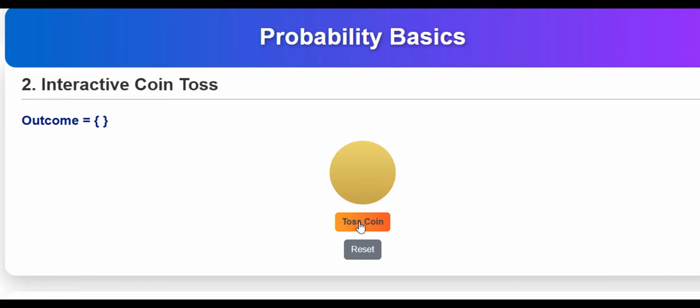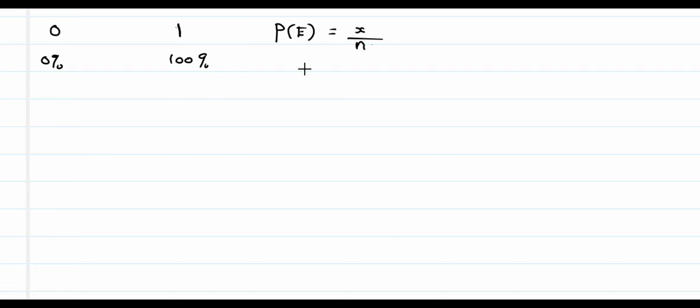So if I do the first toss like that, I can get a head maybe or a tail, and then if I toss again, I can get a tail or a head. So the total number of possible outcomes are 1, 2. So I can get just a head or a tail. So in our case, then n becomes 2.